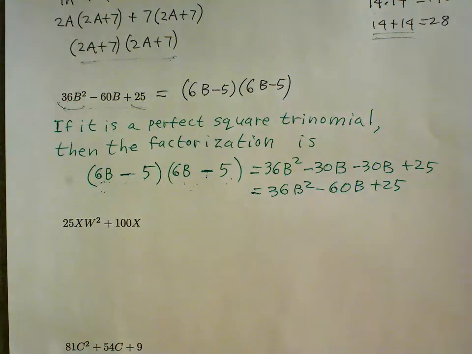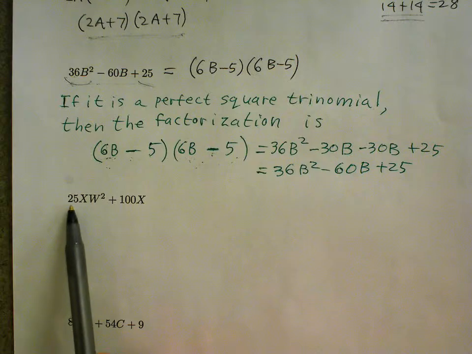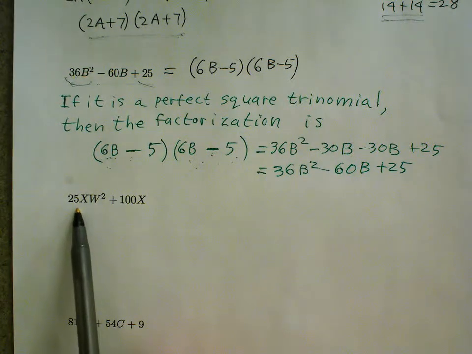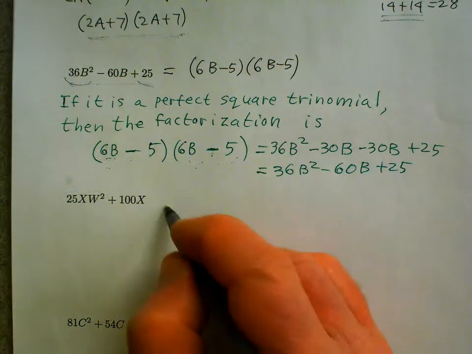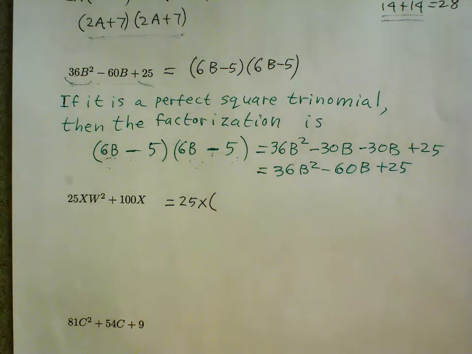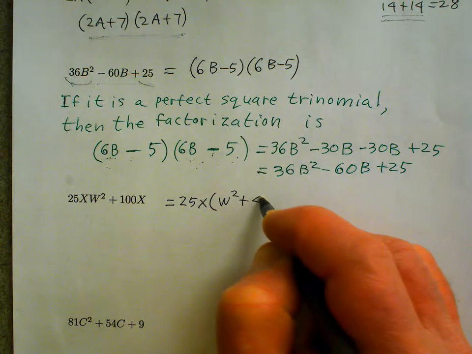Okay, the next example, factor 25xw to the second plus 100x. The greatest common factor is different than 1. 25 is a common factor, and so is x. So when we factor 25x out, we're left with w to the second plus 4.